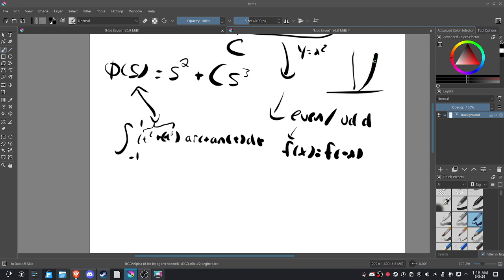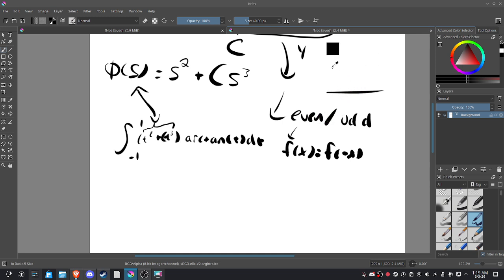This is the positive side of y equals x^2, and this is the negative side. Say this is -1 and 1, just for example. You can see that this point and this point are the same in terms of y: we'll call it (1, 2), and this one is (-1, 2). So that's an even function.